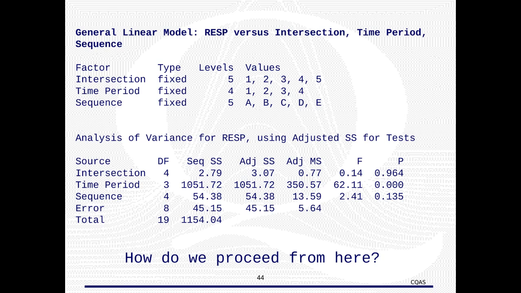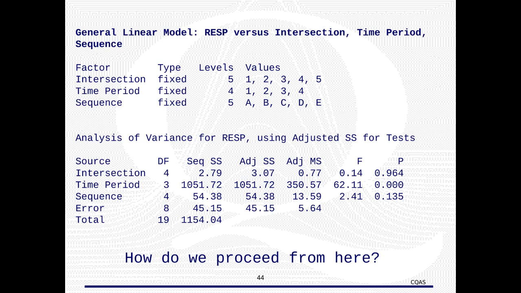Conversely, time period demonstrates overwhelming statistical significance with a p-value approaching 0 and an f-statistic of 62.11. This tells us that temporal variation dominates our response patterns. The sequence factor approaches marginal significance at p equals 0.135, suggesting a potential but inconclusive effect.